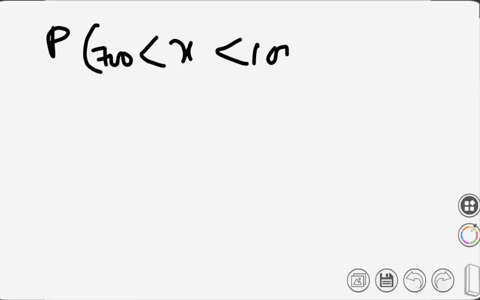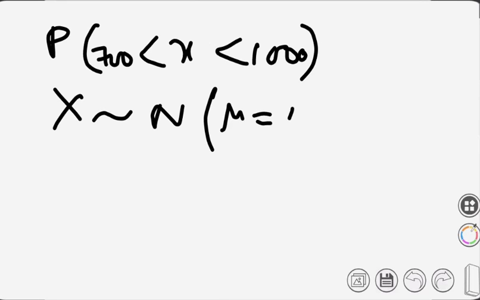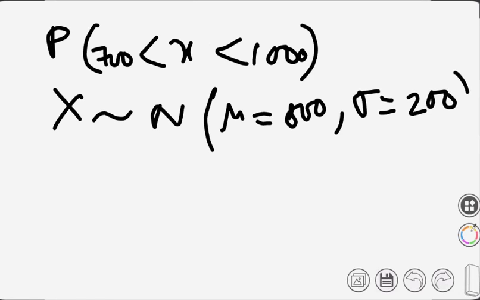In the same example, suppose I tell you to find the probability x lying between 700 and 1000, where x follows a normal distribution with mu equals 800 and sigma equals 200. How can you find the probability? First we will convert from x to z.